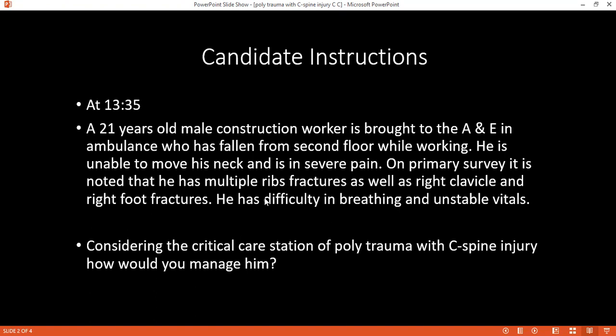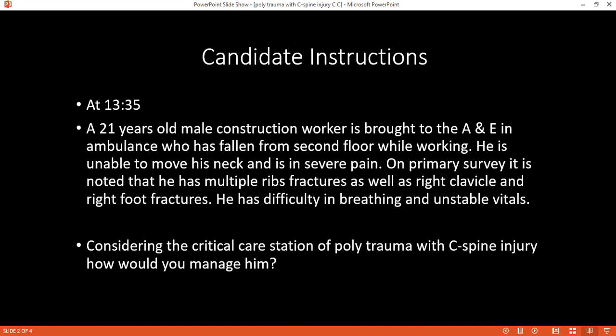What measures would you take to make sure, if the patient is having difficulty breathing and their vitals are unstable? As the patient's vitals are unstable, on checking the breathing, I will look for any open wound or any chest injury.